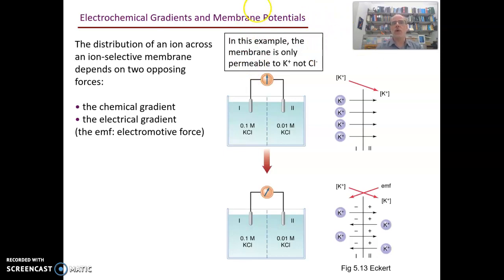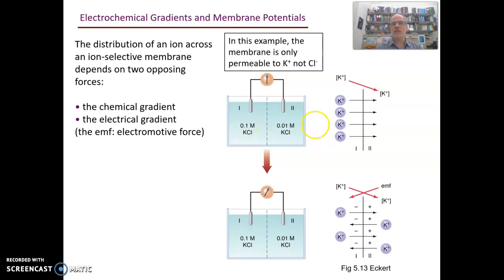So at time 0, when potassium chloride is added, the net charge on either side of the membrane is neutral, as for every positively charged potassium ion, there's a negatively charged chloride ion.